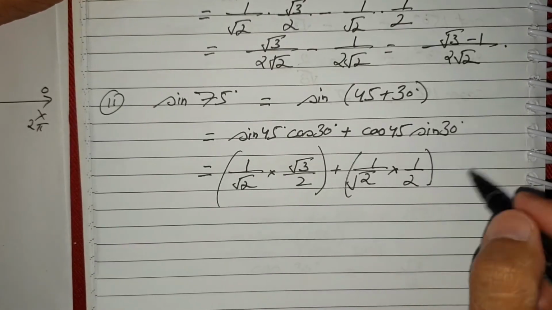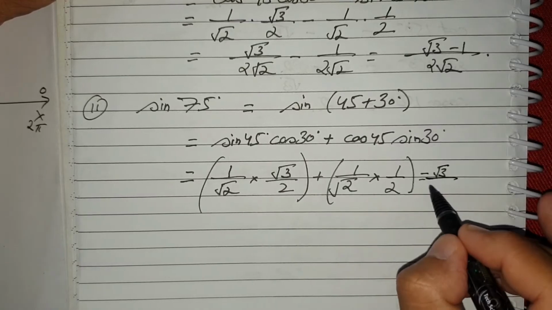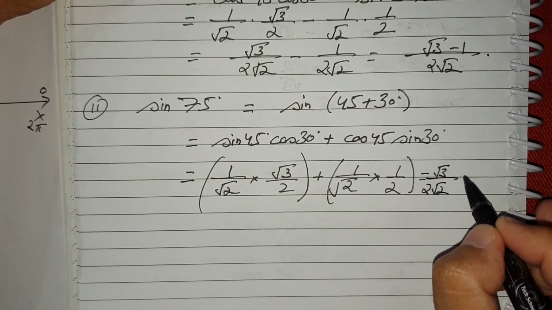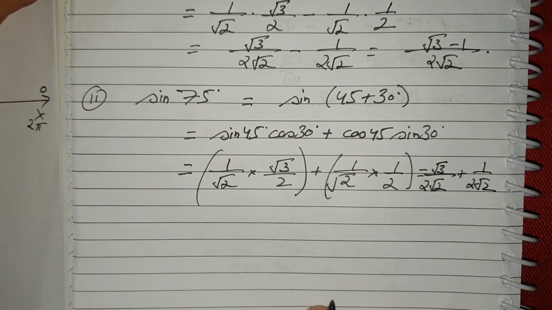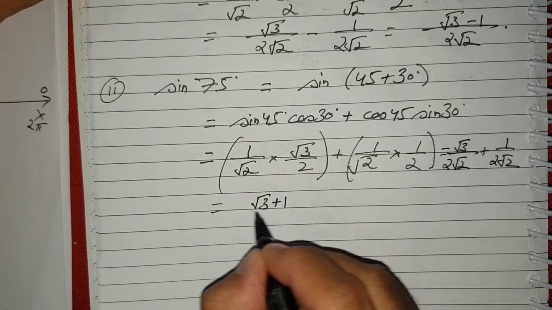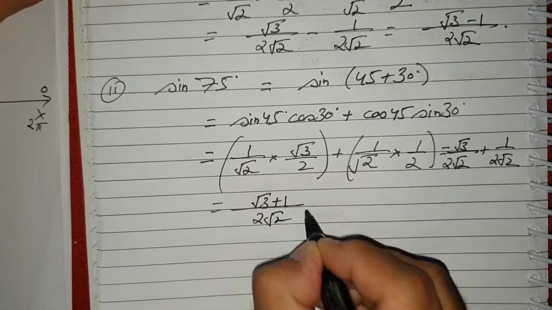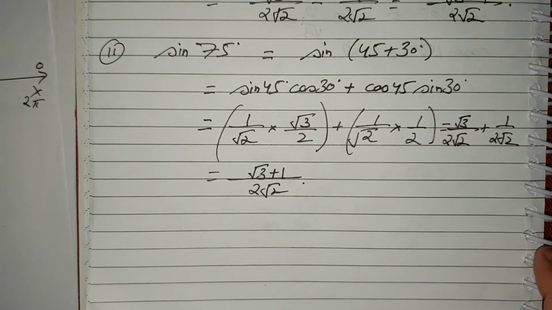So this is root 3 by 2 root 2 plus 1 by 2 root 2. The LCM is 2 root 2, and this will be root 3 plus 1 by 2 root 2.